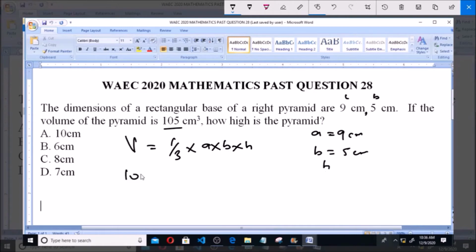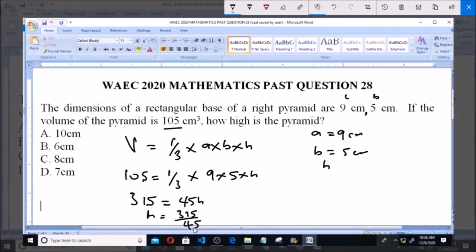So that means 105 is equal to 1 over 3 multiplied by 9 times 5 times H. Now that will give us 3 times 105, which gives 315, is equal to 9 times 5, which gives 45H. So H is equal to 315 over 45, and that is equal to 7 centimeter. So the height is 7 cm.